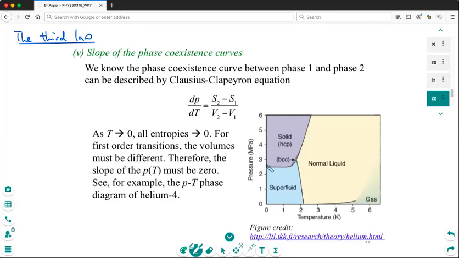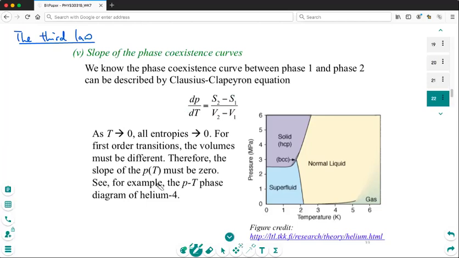So if you cross from phase 1 to phase 2 at the zero temperature limit, this has to be the same. Okay, and the volume jump is still there. So if you go from a superfluid phase to a solid phase, you still have a volume jump because this is a first order transition. So this is finite, this is zero, then the slope must be zero.